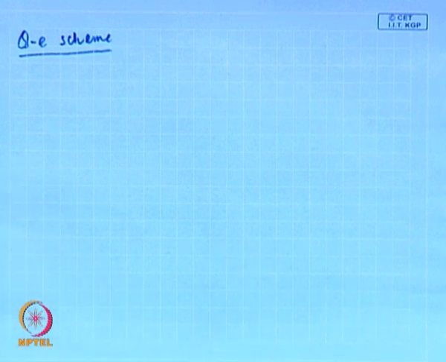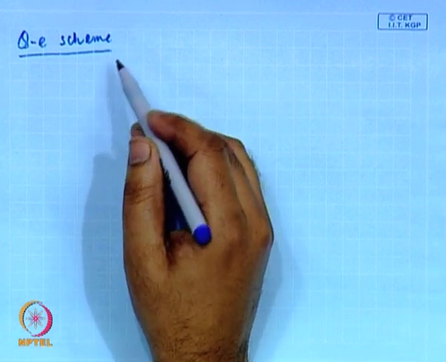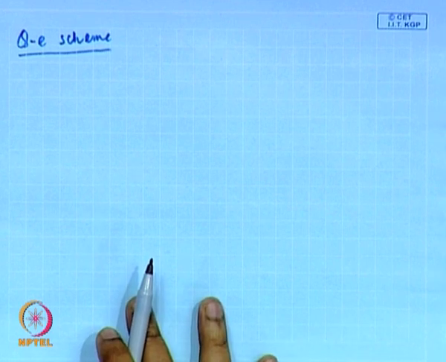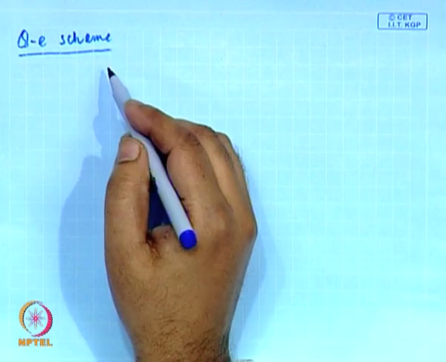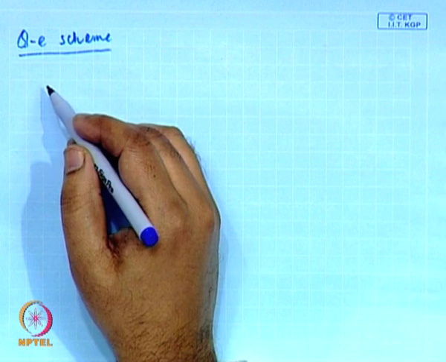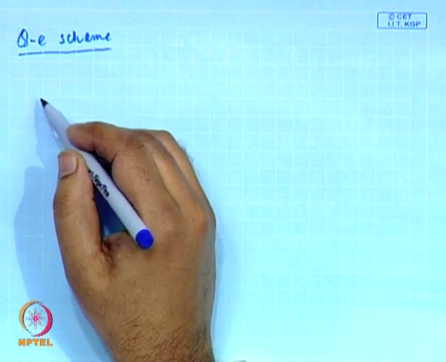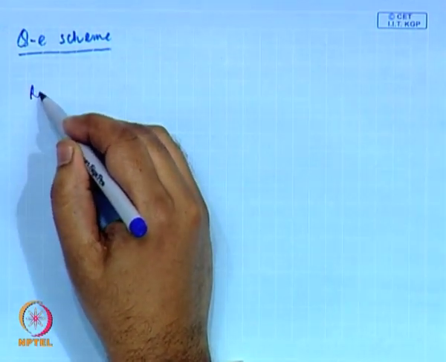This is the QE scheme we are talking about, and we are continuing our discussion on radical copolymerization. So, it is applicable for radical copolymerization.